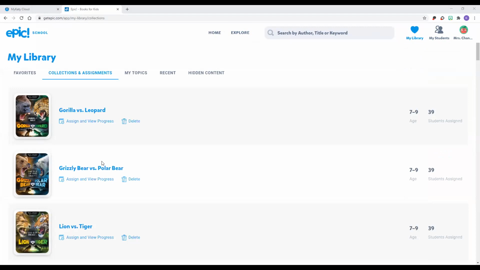You need to read one of these, and then you are going to make a Venn diagram, just like I did, while you are reading, and compare and contrast the two animals. You just need to pick one, okay?